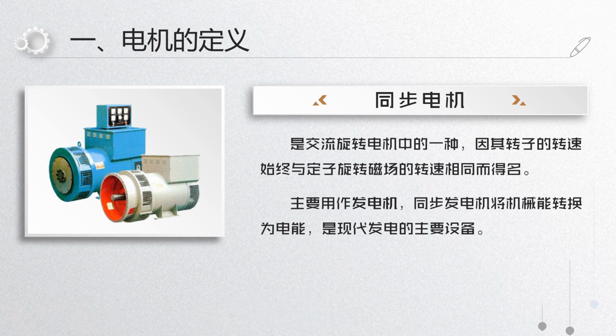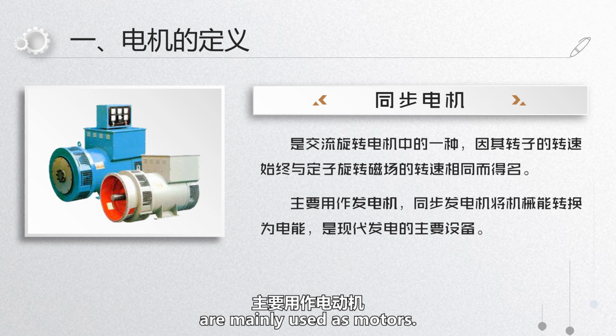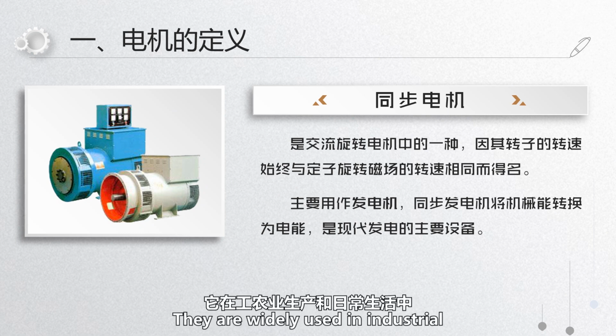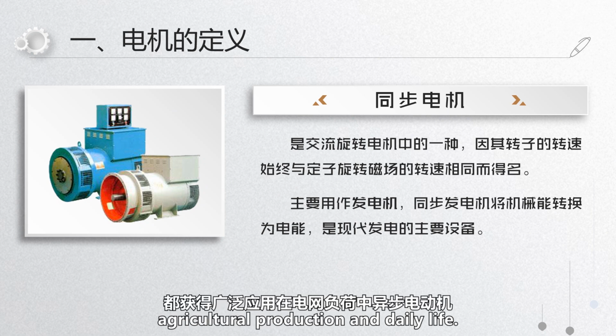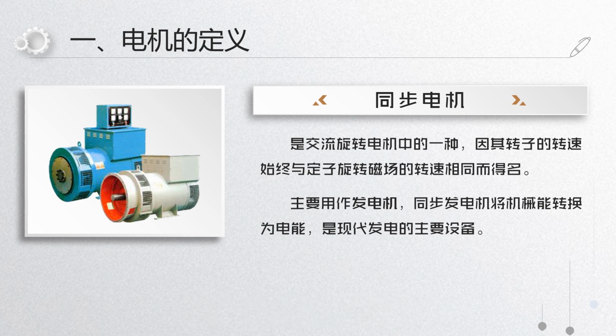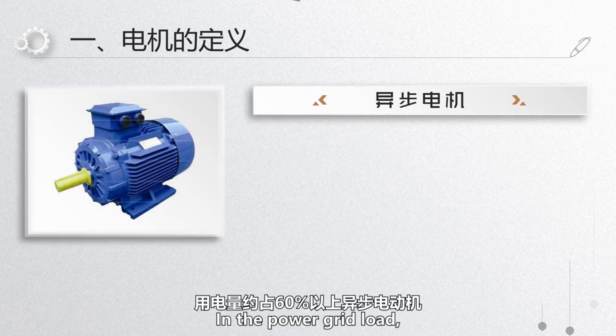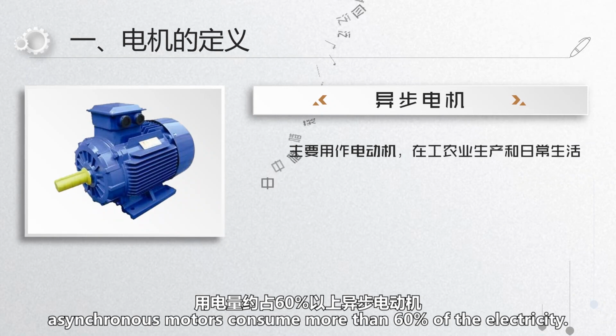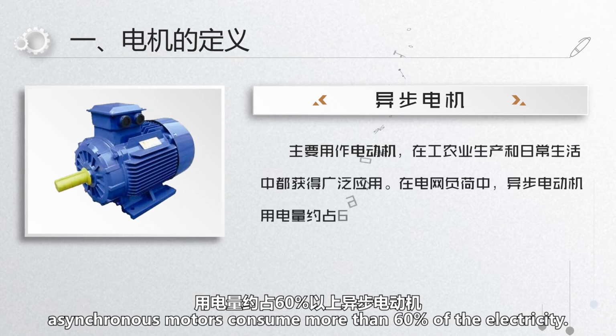Asynchronous machines are mainly used as motors. They are widely used in industrial, agricultural production, and daily life. In the power grid load, asynchronous motors consume more than 60% of the electricity.